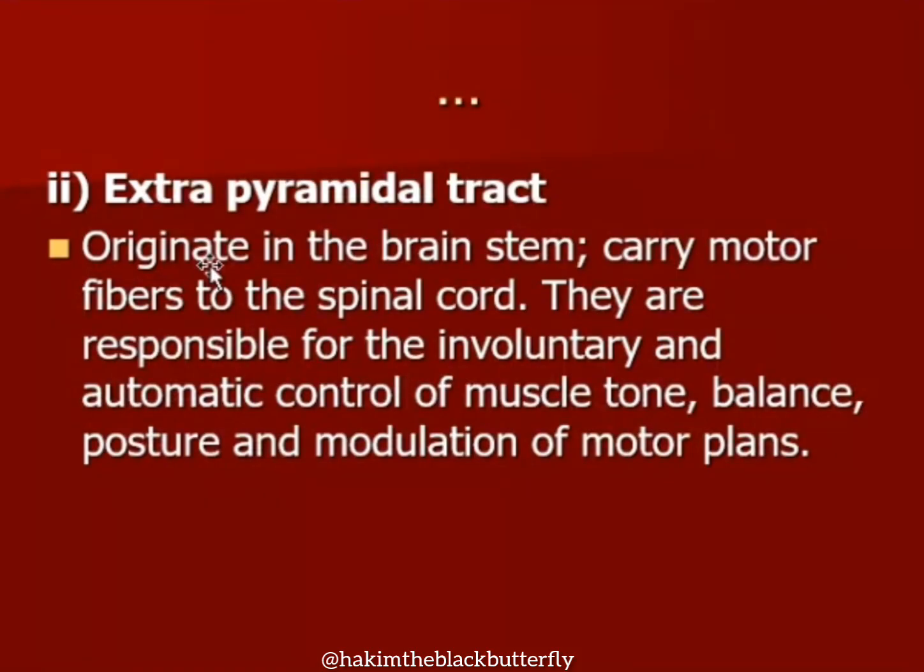However, the upper motor neurons of the extrapyramidal tract do not originate from the cerebral cortex. No, for them, they originate from the brain stem. And then those upper motor neuron axons of the extrapyramidal tract, after originating from the brainstem, are going to transmit impulses to the spinal cord.